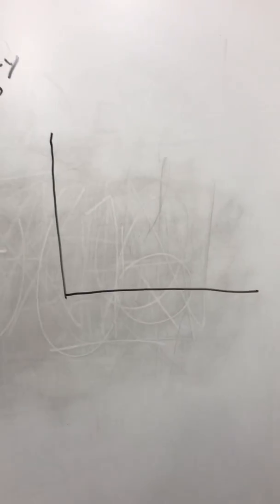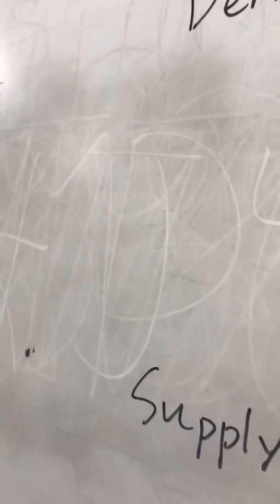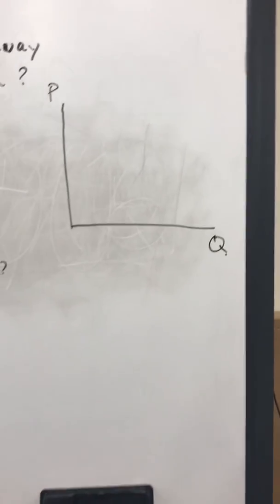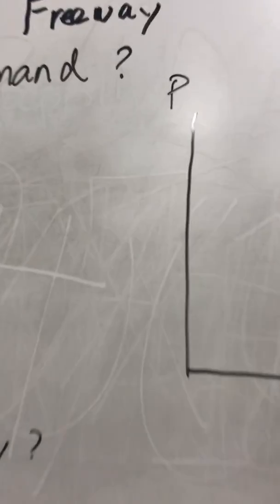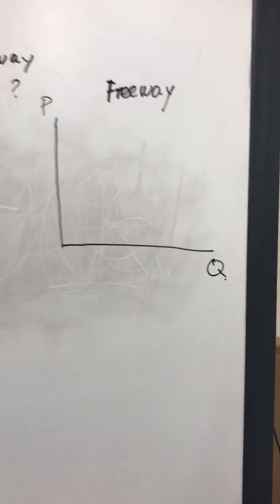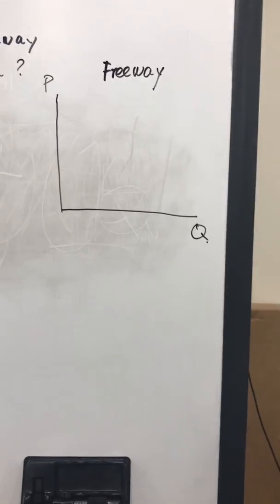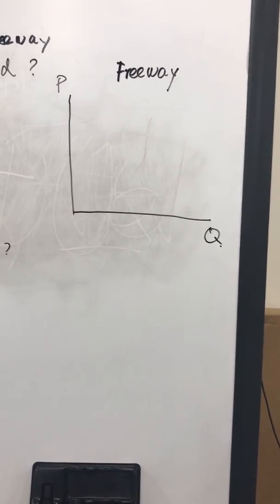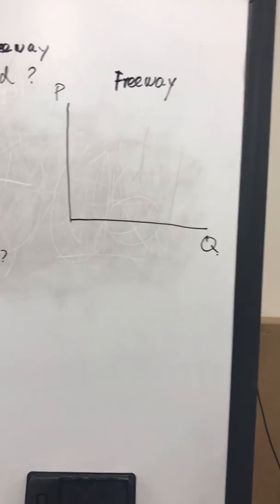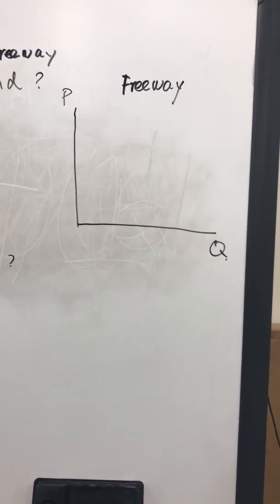For example, when you talk about the demand and supply of something, we first need to know that this is the demand and supply table focusing only on the freeway. Then what should be the demand for freeway users and what should be the supply of freeway users?